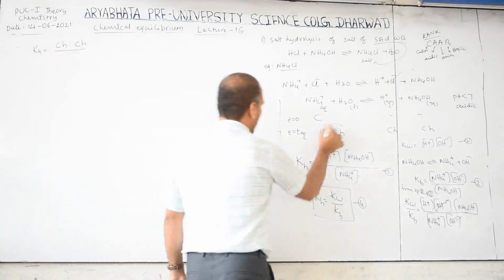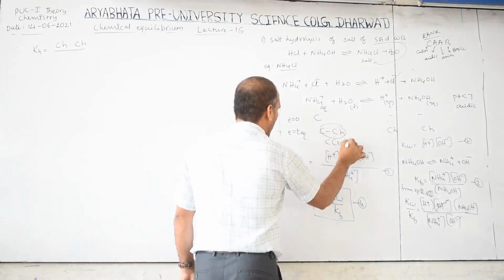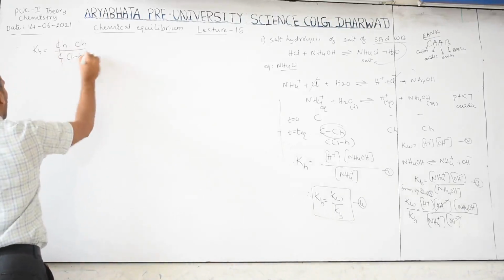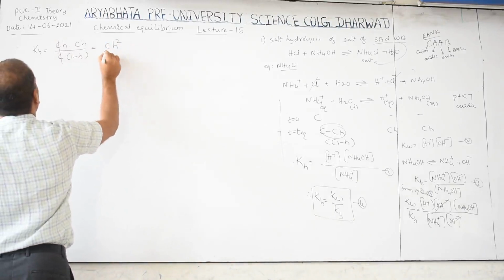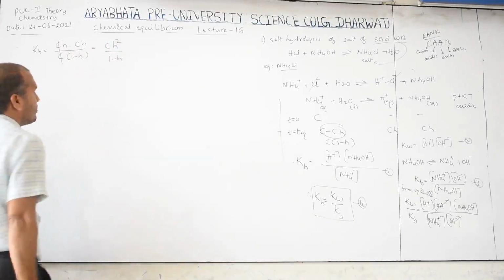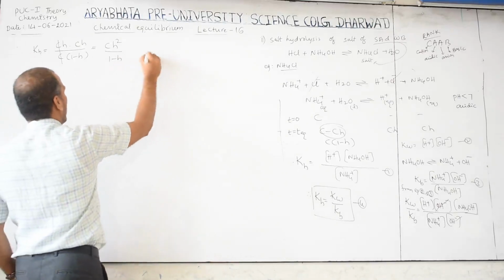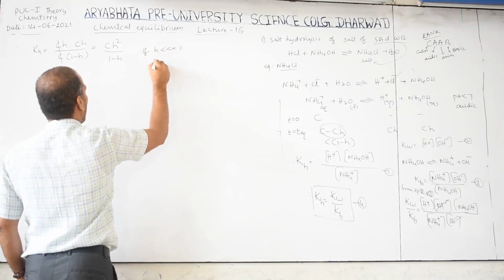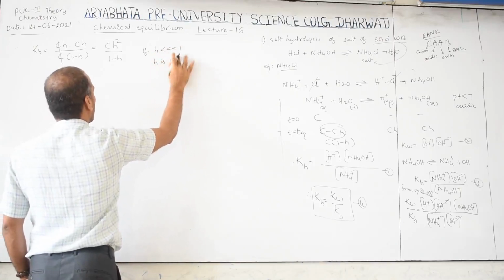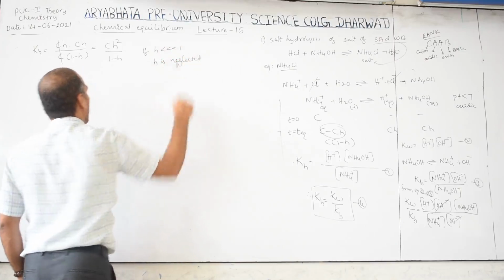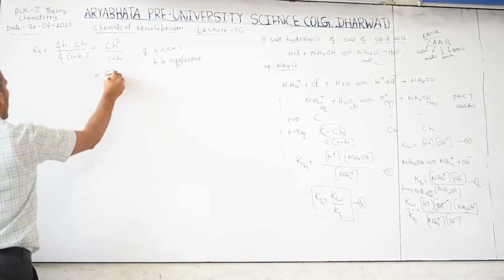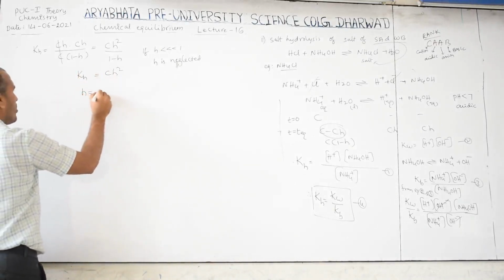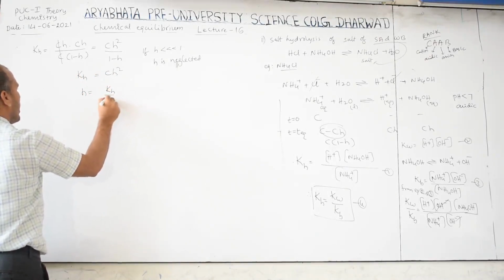When you take C common, then C into 1 minus h. This is cancelled. Then Ch square by 1 minus h. If h is less than 1, then h is neglected. When h is neglected, then what can we write? This is Ch square by 1, that is nothing but KH. Then h is equal to root of KH by C.